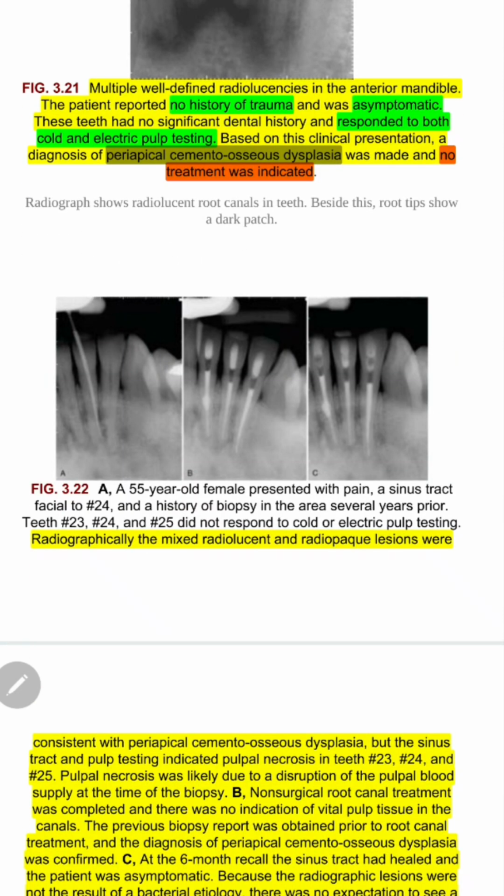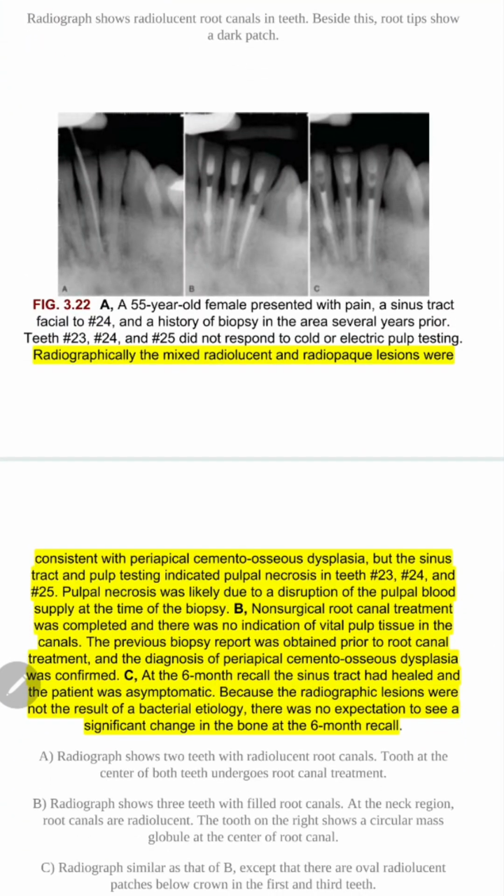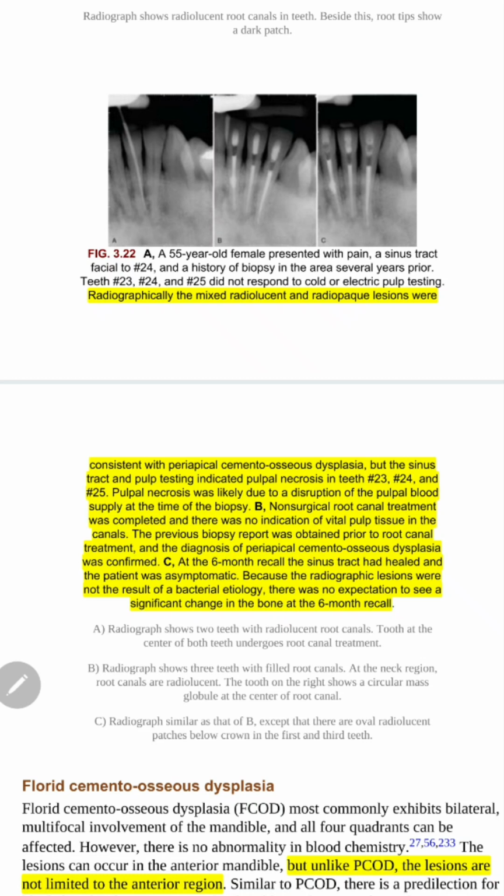On the contrary, for this lesion, a biopsy was taken, and in this case, the lesion caused necrosis of those teeth and demanded root canal treatment. Even a sinus tract has developed.